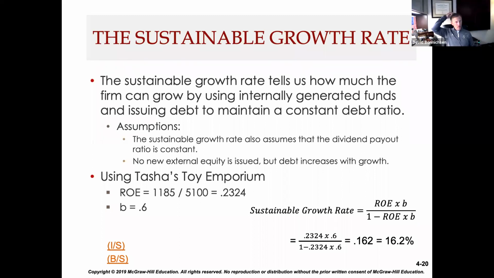If the forecast growth rate is between the IGR and the SGR, then yes, you can reasonably sustain that level of growth using a constant debt to equity ratio while accessing the capital markets. If your projected growth rate exceeds the SGR, then it's not sustainable for the long term. Again, you might be able to do it for 1 year, but it's not a viable assumption for long-term growth. Is that clear to everybody?